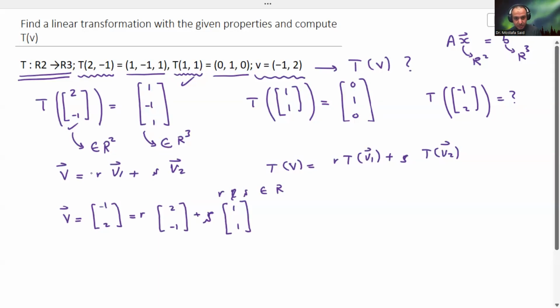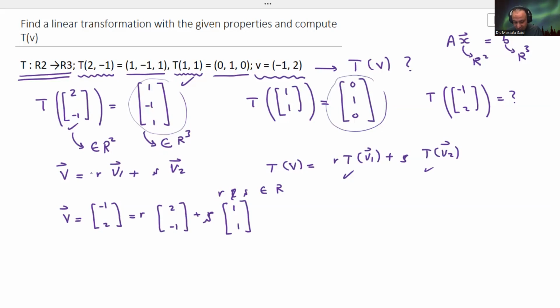So R and S. By the way, we know T of v1, it is that vector here, and we know T of v2, it is that vector here. So if we can find R and S, then we can find T of v. And clearly, we can find R and S. It's very easy.